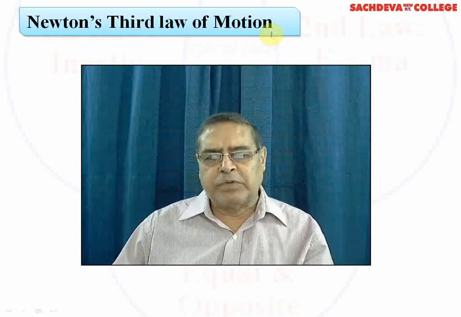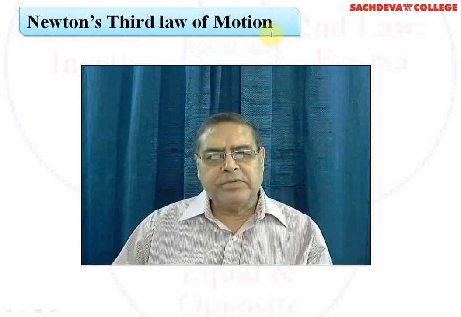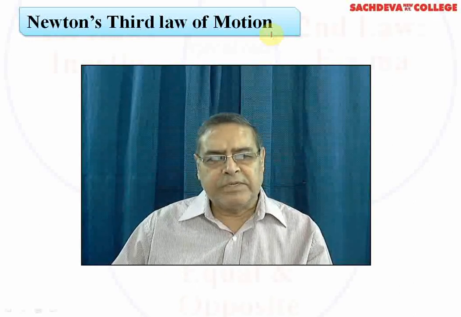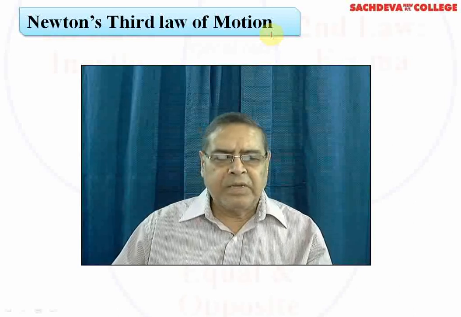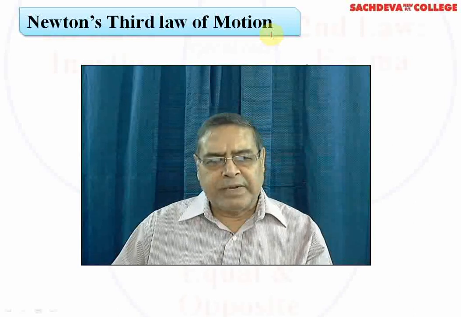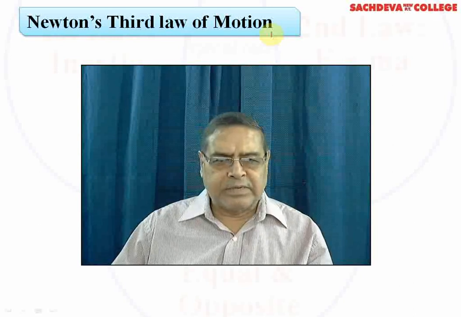So the third law of motion in the modified form can be spoken as: action and reaction are equal if collision is elastic. At the same time, no collision is perfectly elastic. So the third law of motion, that is, action and reaction are equal, holds when collisions are elastic.